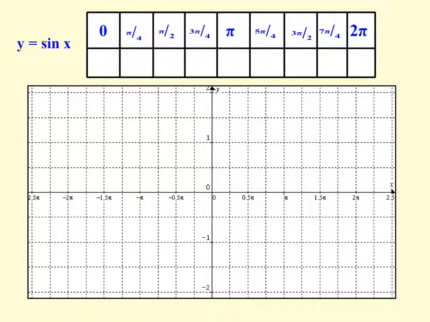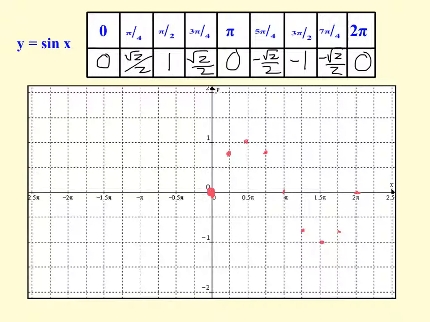Let's try the same now with the graph of y equals sine of x. Fill in the table above with different unit circle values, and after you've filled in the table, start plotting these points. When you smooth out the curve, you again see that telltale wave pattern.